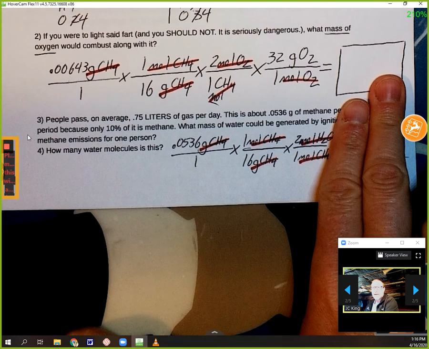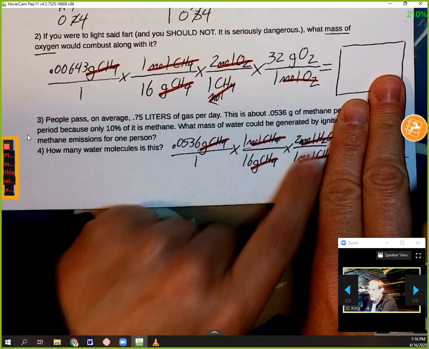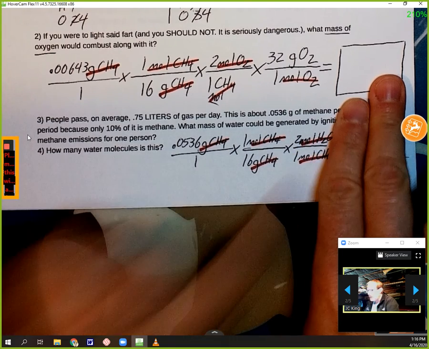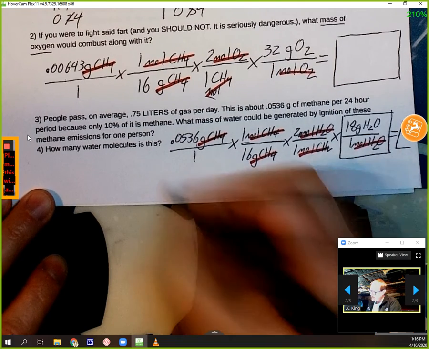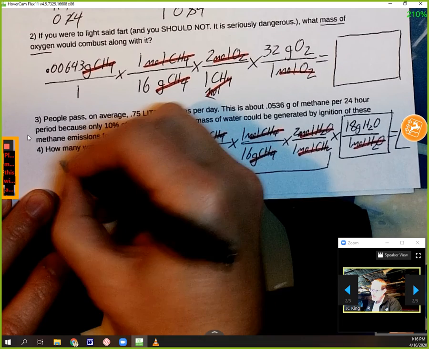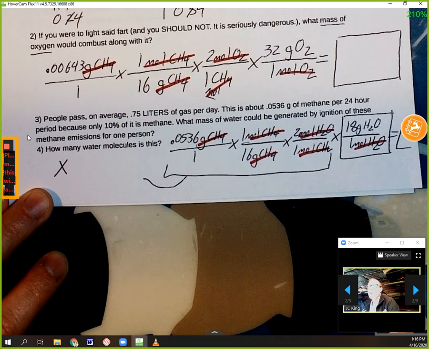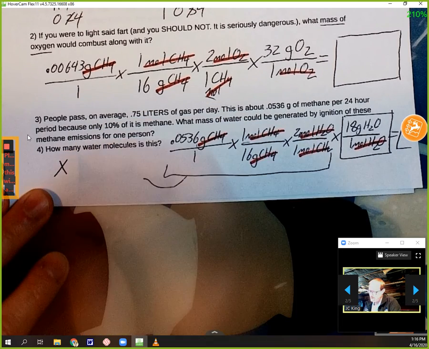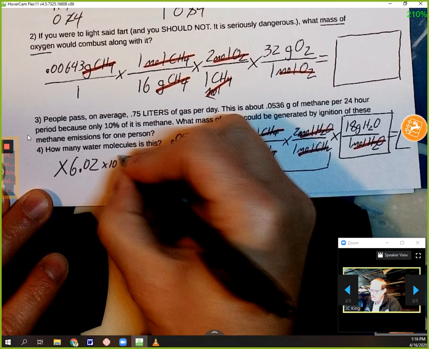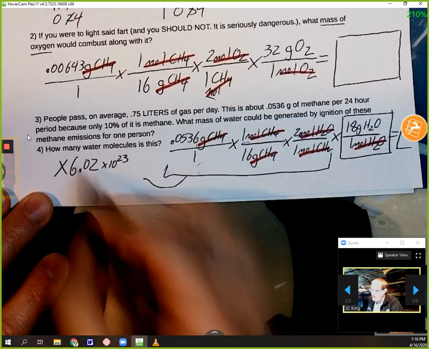Now to get water molecules, you're going to take whatever your answer is at that point, so let me bracket all that, times Avogadro's number, which is 6.02 times 10 to the 23rd. And that will give you water molecules.